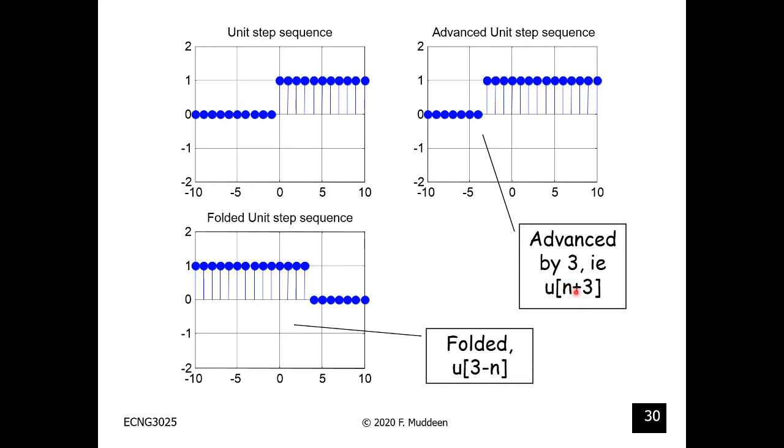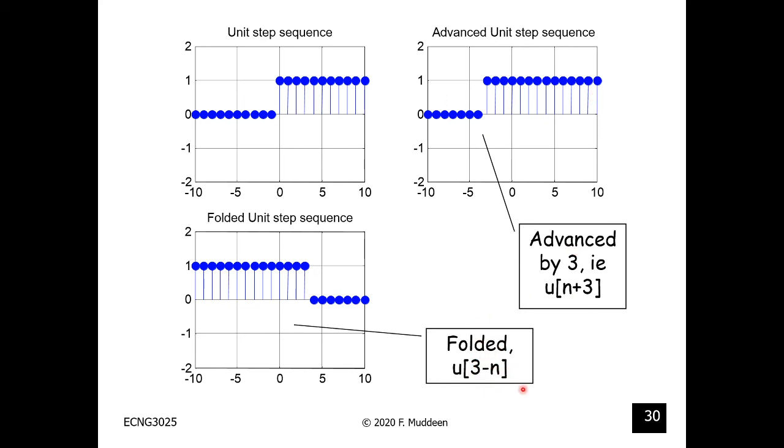So if it's positive n, then if we have positive n plus 3, it shifts to the left. If we have positive n minus 3, it shifts to the right.